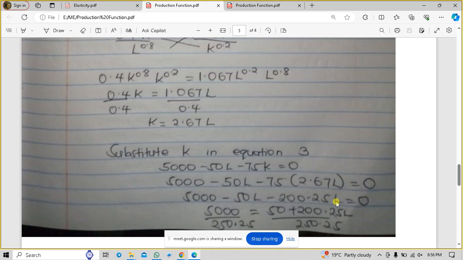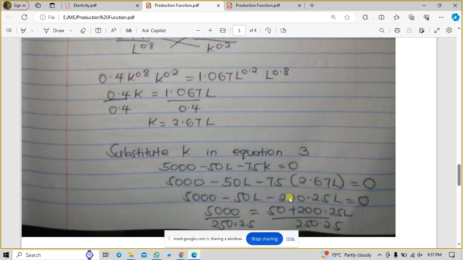So who can tell me what is the value of L? Here we just subtract minus 50 minus 200.25, it will be minus 200.25 L, take it to the other side, it becomes plus 19.98. So here we just use a calculator.